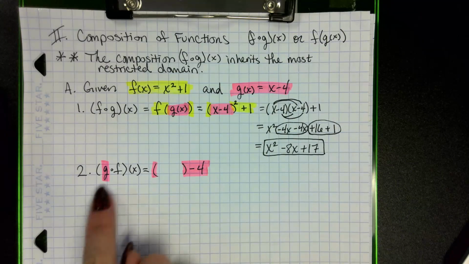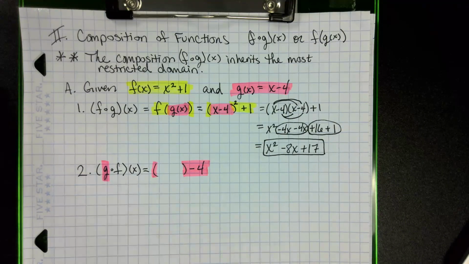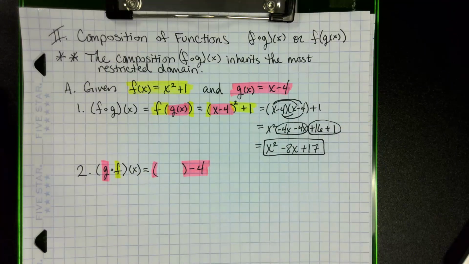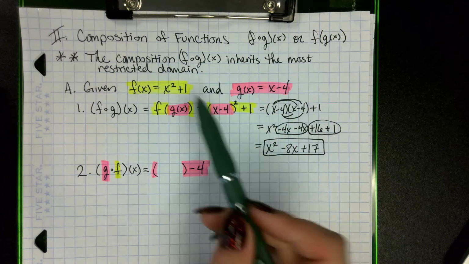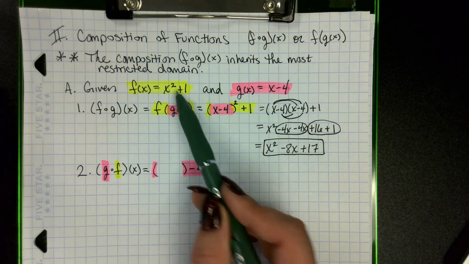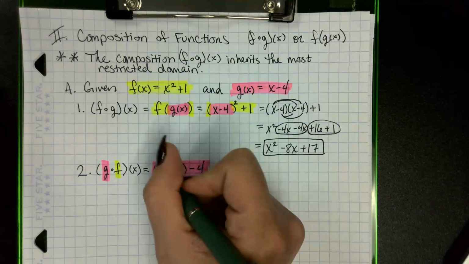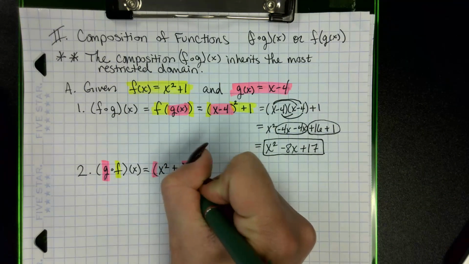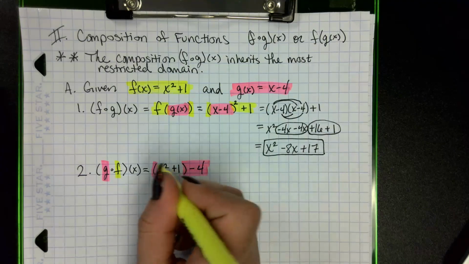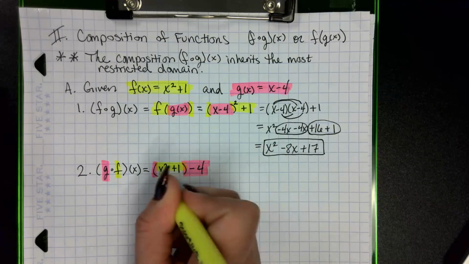And then I look back at my notation as g of f. That tells me the next function I'm going to look at is the f function, which is x squared plus 1, and that's going to go into all of the blanks. I only have one blank. So x squared plus 1. That was the f function, and I put it inside the g function.